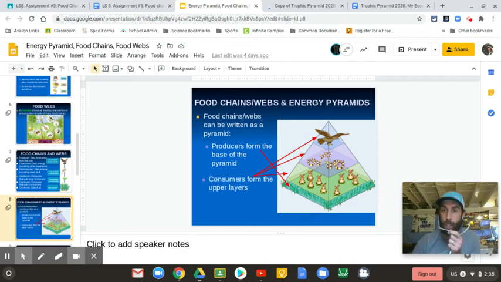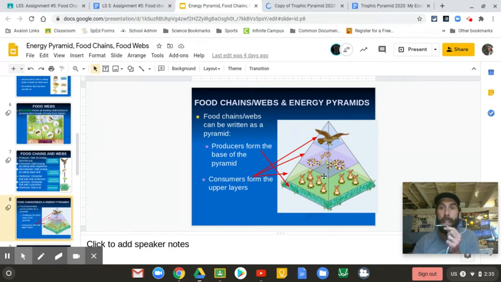Trees are made of sugar that they create using photosynthesis. They create the sugar out of carbon dioxide in the air and water from their roots. So they take water, carbon dioxide, and sunlight and bring it together to make sugar. Okay? Then they build their entire structure out of that sugar.